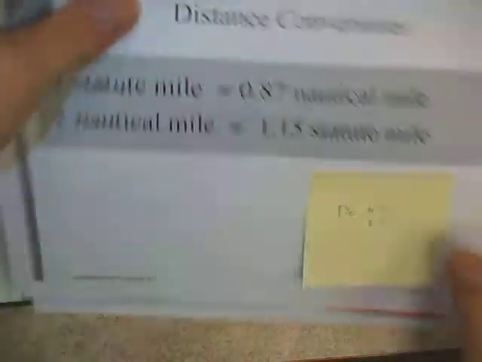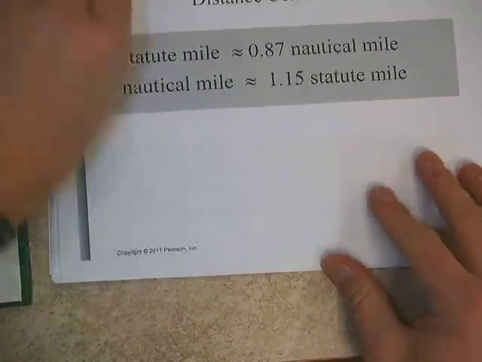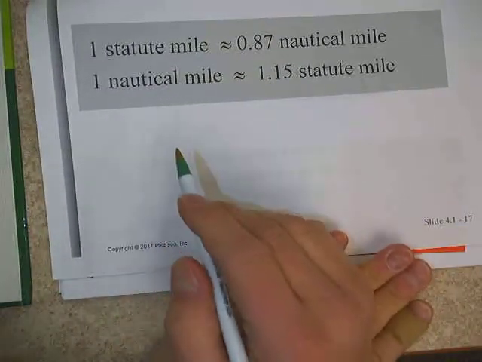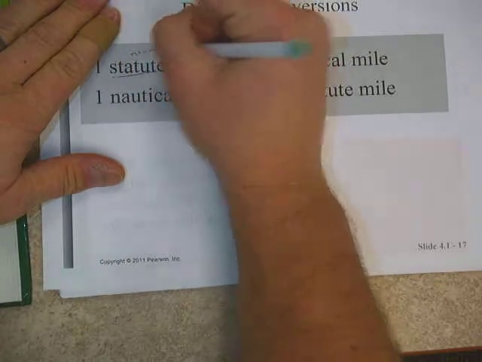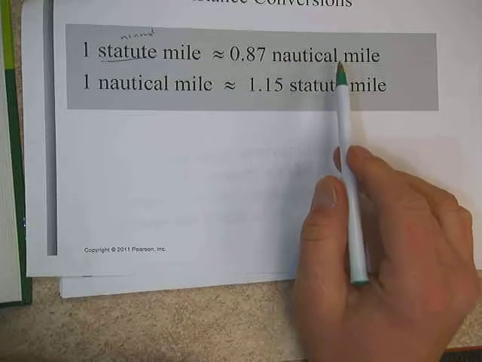Okay, all right. So what it boils down to is this nautical mile is measured as the length of 1 minute of arc length along the Earth's equator. You do not have to memorize that fact. But what we're going to look at with that information is there are a couple of conversions.